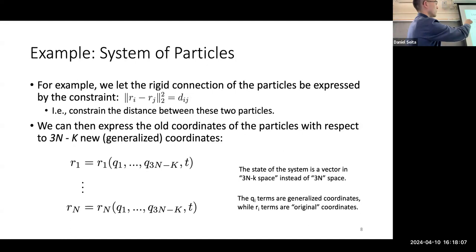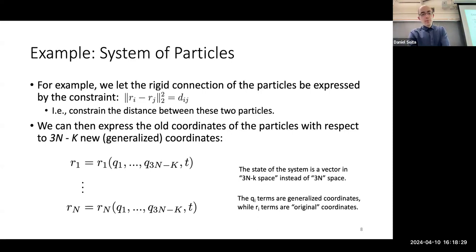It is describing the system in a 3n minus k dimensional space, where this should be capital K, and where these are now considered our generalized coordinates.